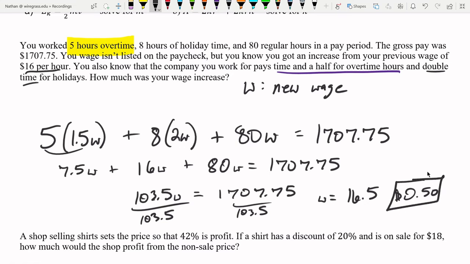So I think this problem is easier to solve using linear equations because I think it's more natural to assume that you make more money for the overtime and holiday time than it is to think of it as an increase of hour. However, with the increase of hour method I showed you before, that allowed you to solve this without using an equation. So it's kind of up to you which way you think of it.